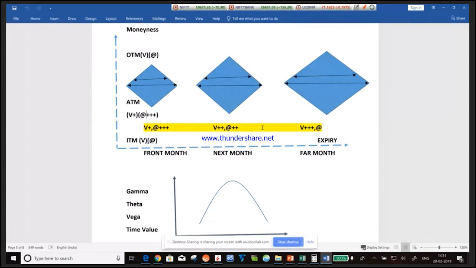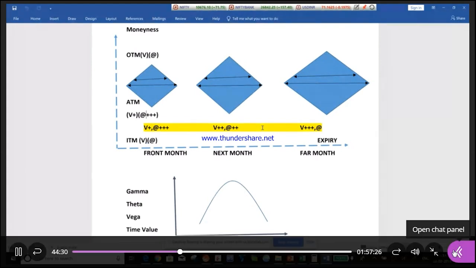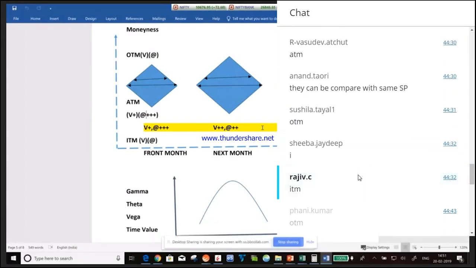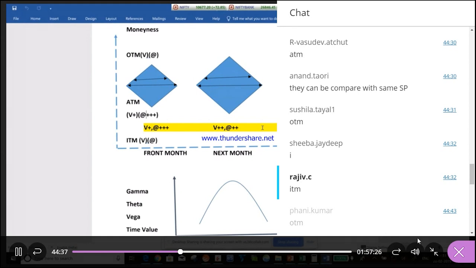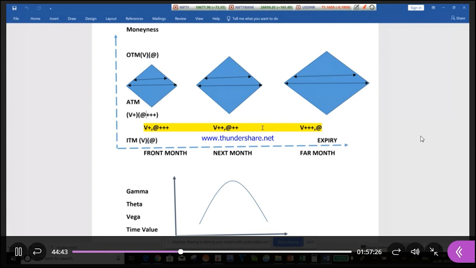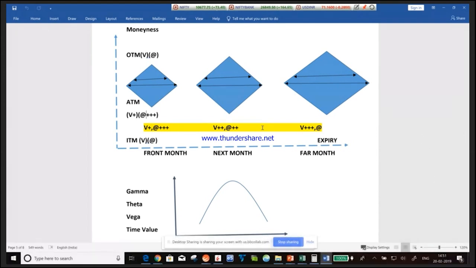No, I'm talking about moneyness. Expiry was clear, right? So the moneyness part, the expiry part is taken care of. Far month has lesser value of theta. Front month has higher value of theta.